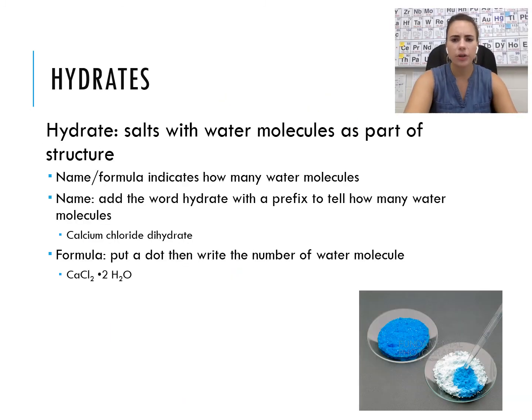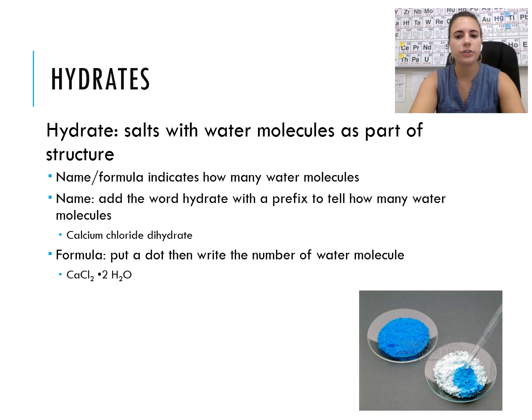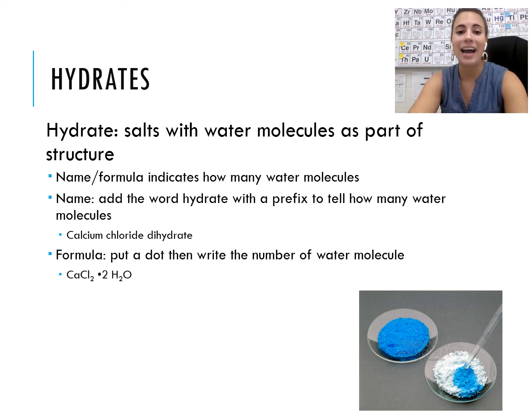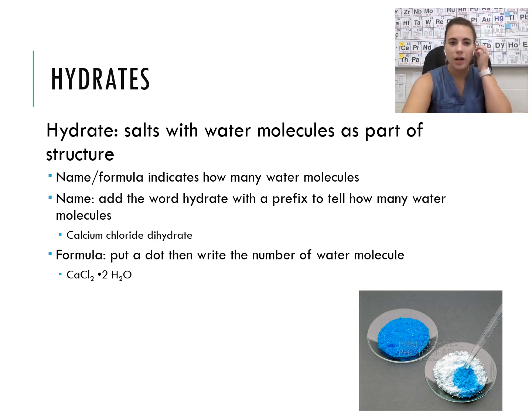The final thing we're going to look at is how we can actually determine the formulas for a hydrate. So as a reminder, a hydrate is just an ionic compound where water molecules are part of the structure. So like calcium chloride dihydrate means for every calcium chloride formula unit, there are 2 water molecules. So if we were in class, we might do a hydrate lab.